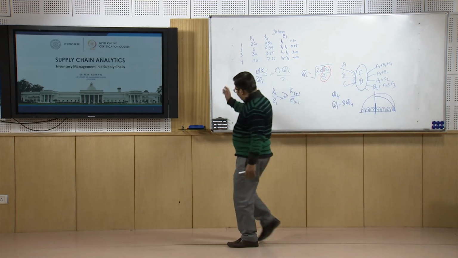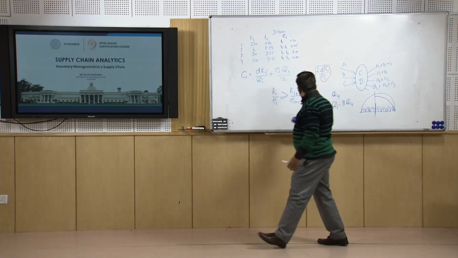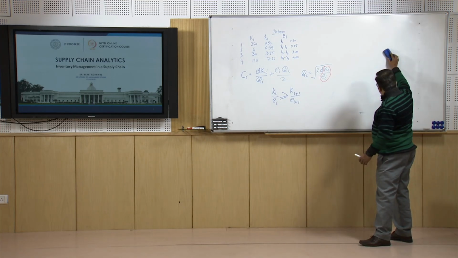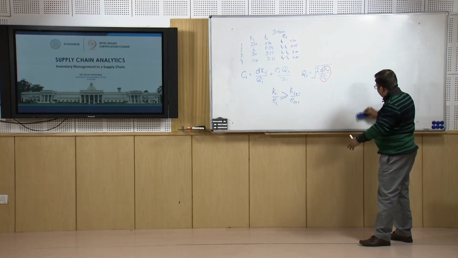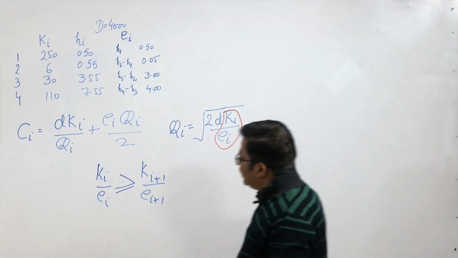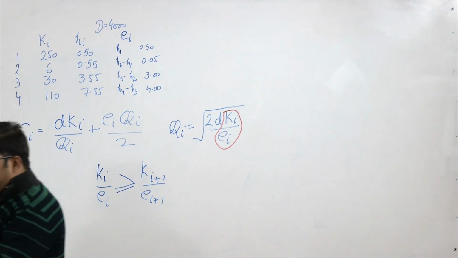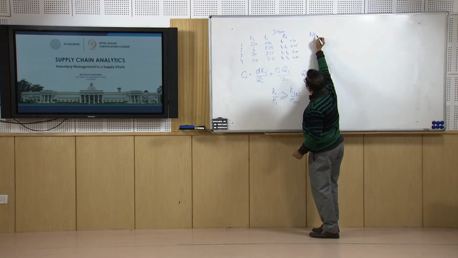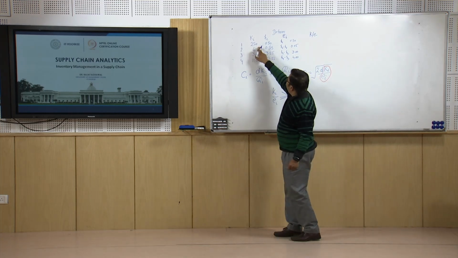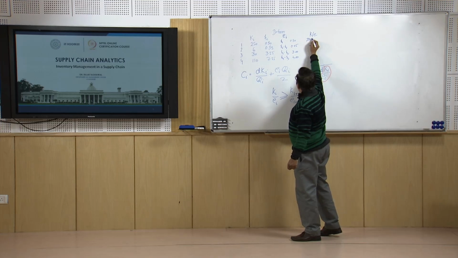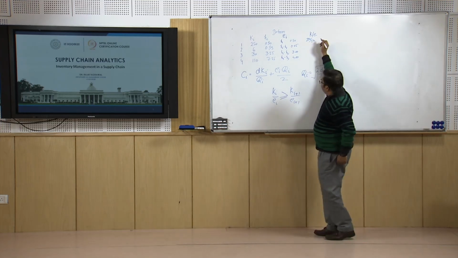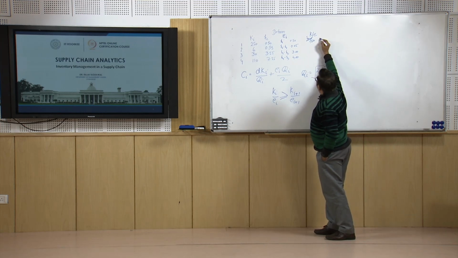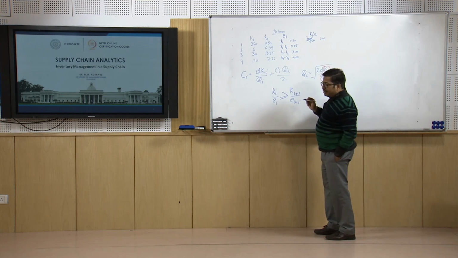Now coming further with respect to this particular problem, we have understood the meaning of k upon E, and now let us calculate this k upon E for these stages. So here it is 250 upon 0.5. The value of this comes to be 500.